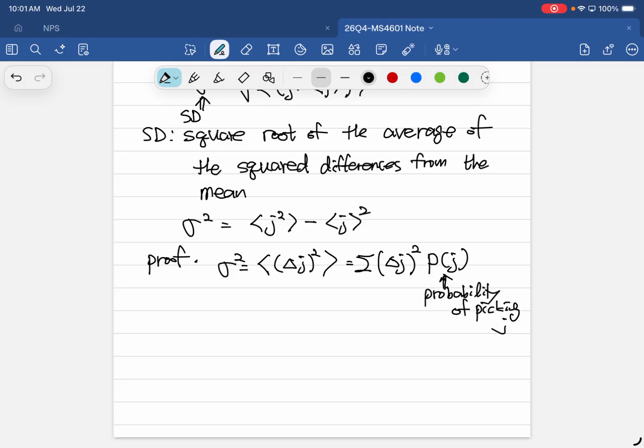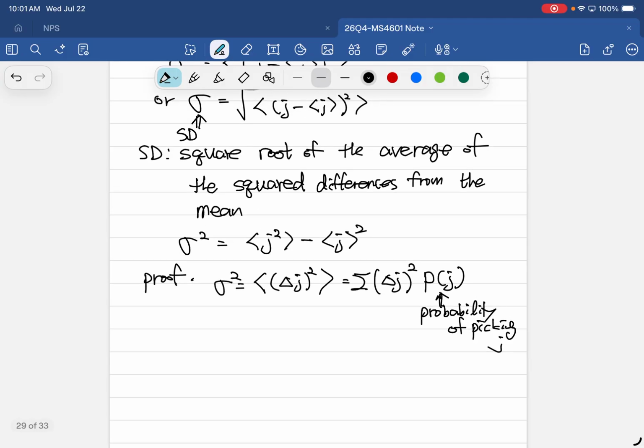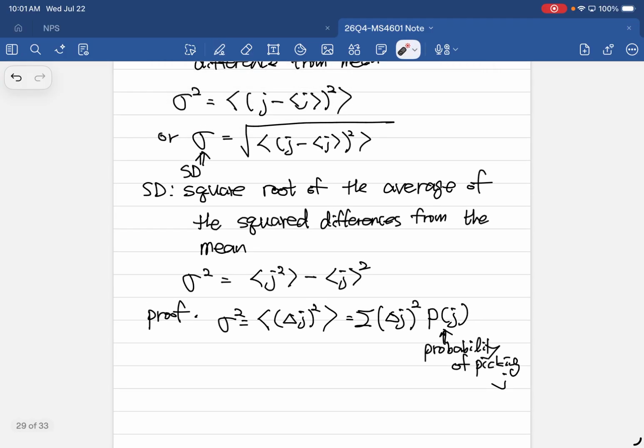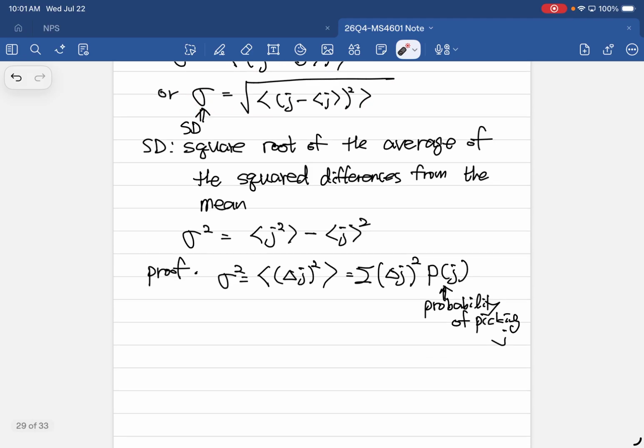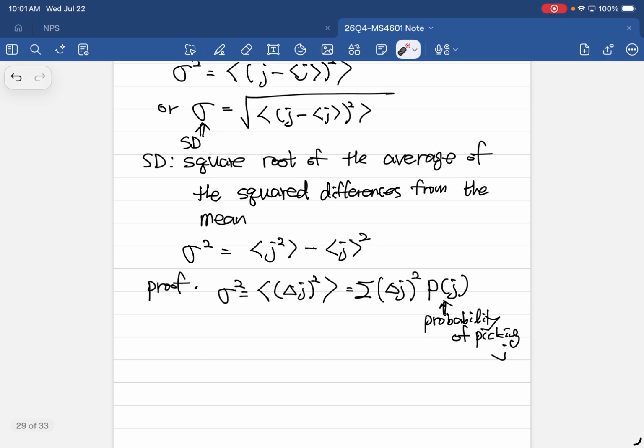So here, we got just the basic expression for standard deviation, but there is another way of getting standard deviation by using this formula, and we are going to prove why that can be the case.